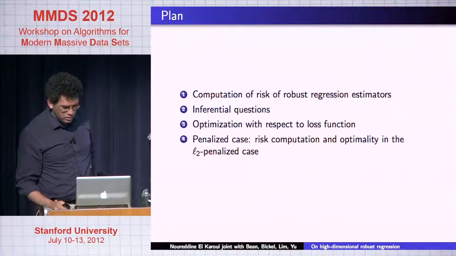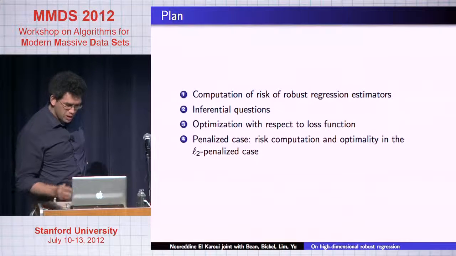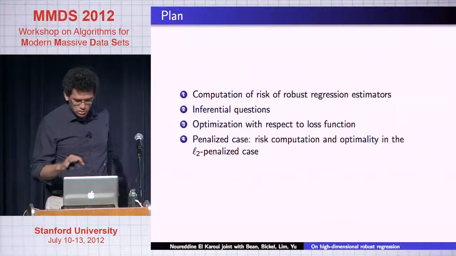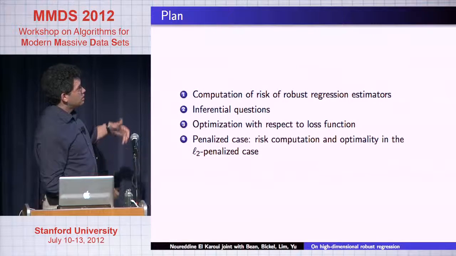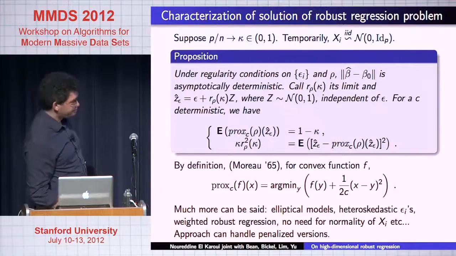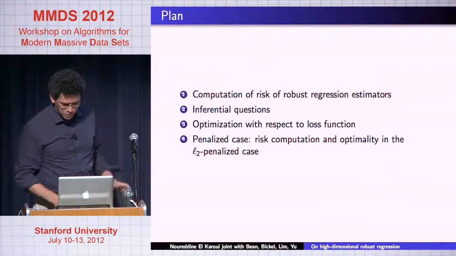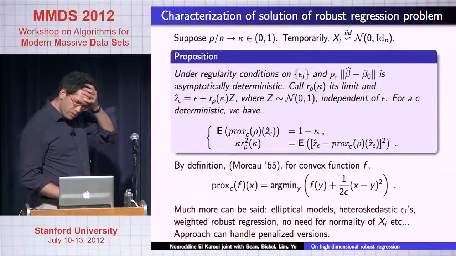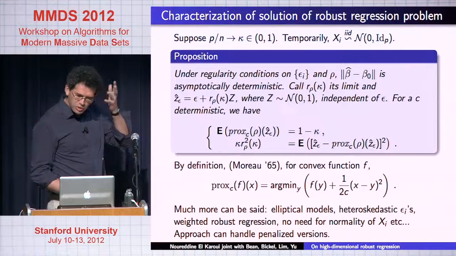And then I'll talk about the penalized case shortly. I should say that some of the results here are not completely shown, or we haven't totally finished. Some we have finished, but I'll be a bit superficial about that. I hope that's okay.